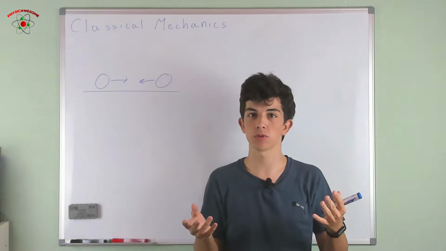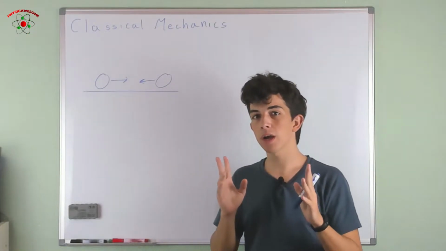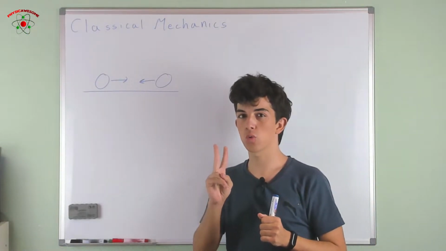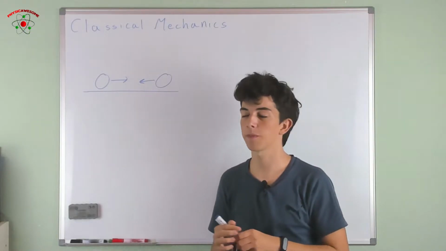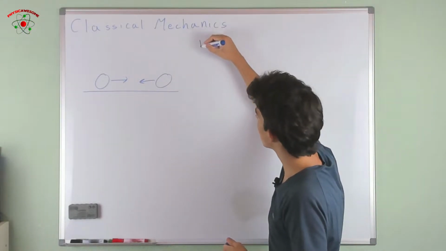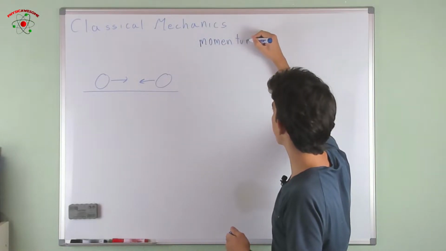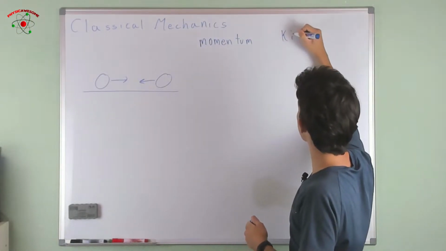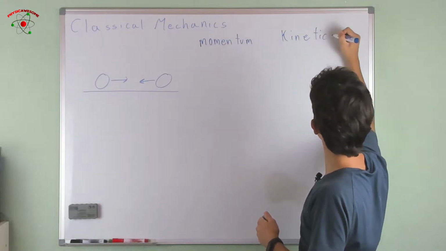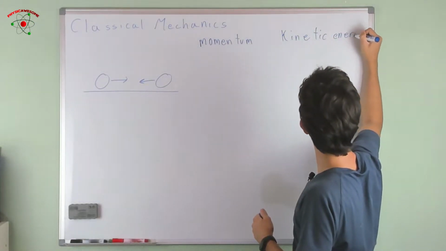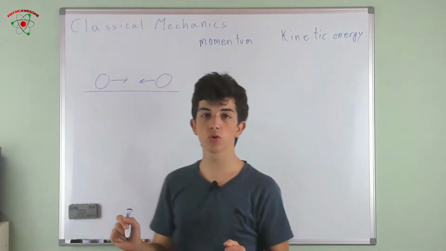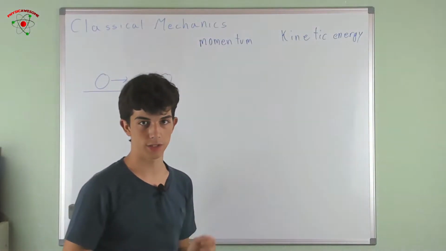So there are different situations, but we have to look at 2 quantities that we have seen previously. First of all, momentum and kinetic energy. Those are the 2 quantities of interest for us.